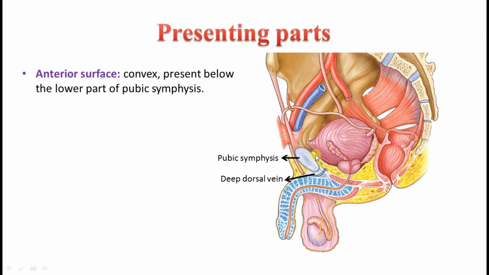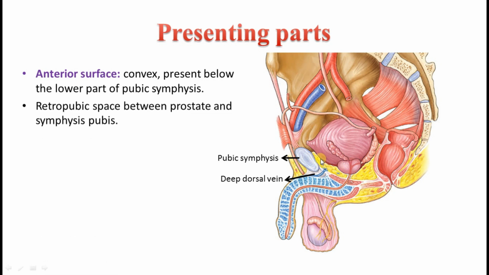The anterior surface is related to the pubic symphysis, and between the gland and the pubic symphysis you have the retropubic space filled with retropubic fat. You see the prostatic plexus of veins in the retropubic space, and this plexus of veins receives the deep dorsal vein of the penis.